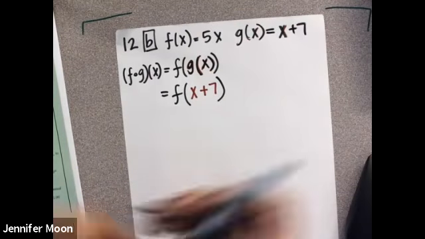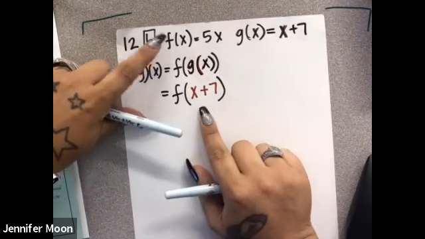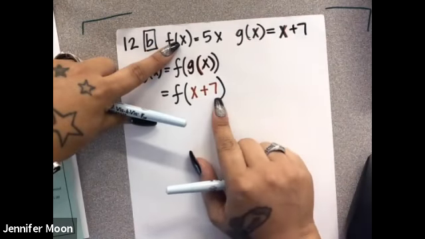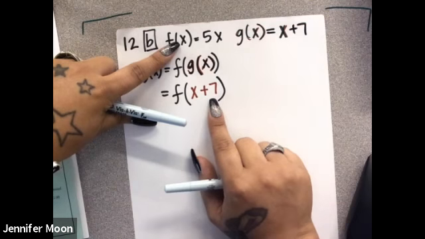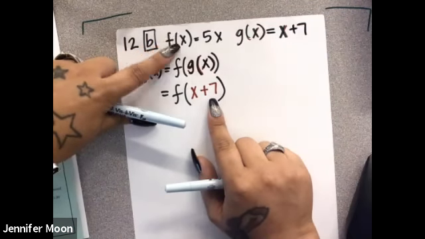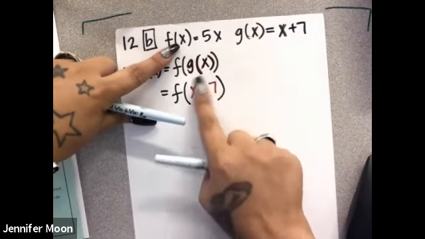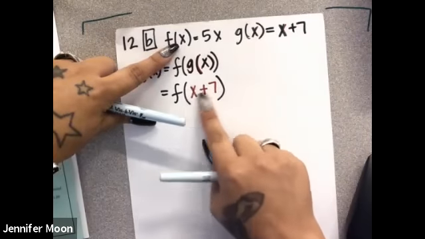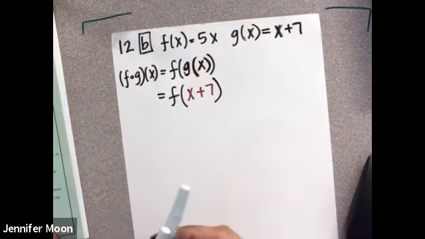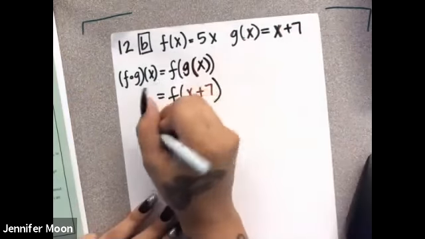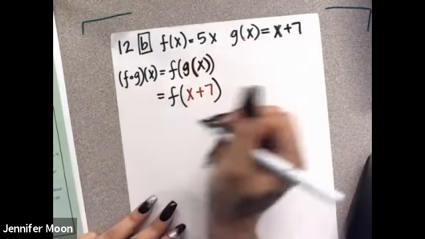This is literally the exact same notation right here, f of X plus 7. If you notice, the only difference is I'm adding a 7 here. So, instead of seeing a normal plain X in my function, it's going to change to this binomial, these two terms.